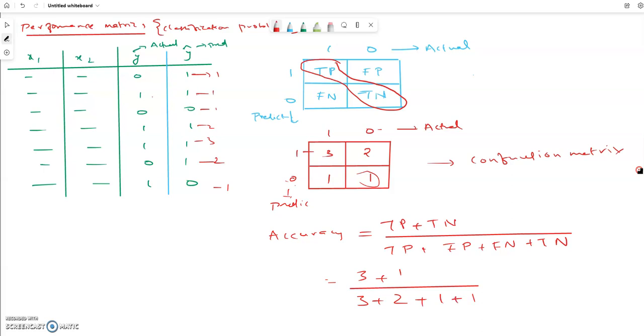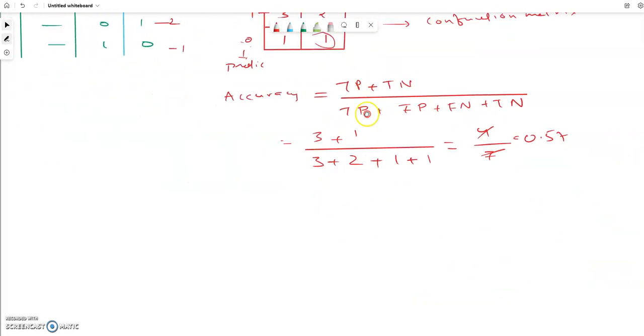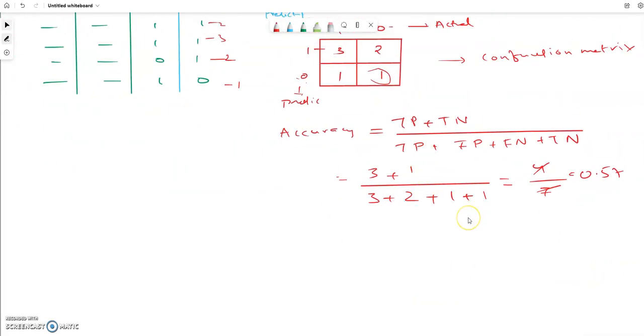Now what we have got here is around 7 in total. It will be something around 0.57. So we have got 57% accuracy here. According to this formula, we have got 57% accuracy, right?